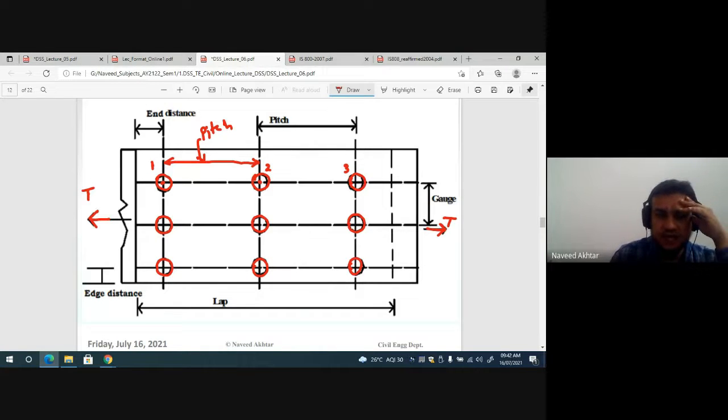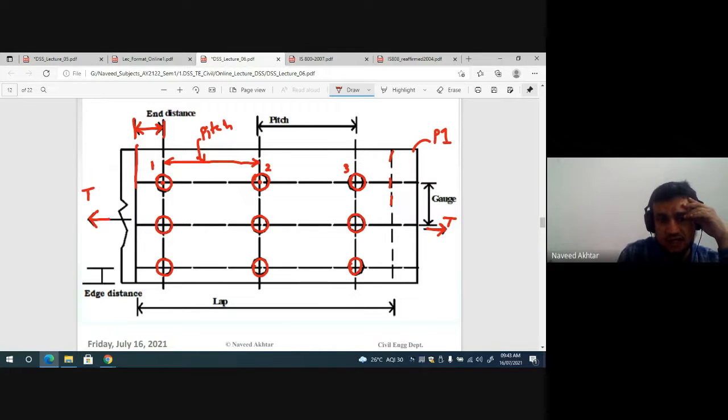Now you can see another here, at the end of the plate. This is the end of one plate, and another end of the plate is shown by a dotted line. So end of plate one is here. The distance between the last bolt to the edge of the plate in the direction of stress is called the end distance.